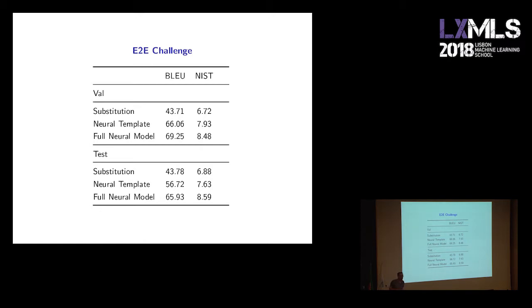We're still about 8 points behind, and a similar amount behind on the NIST data set. I think my takeaway here is that simple templated baselines do quite poorly on these automatic metrics. Building in the neural templates gives us quite a boost. I think with a little more work, we can get nearly up to end-to-end models on this type of system.